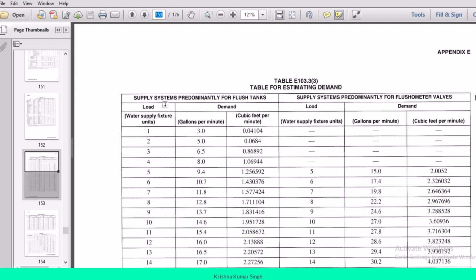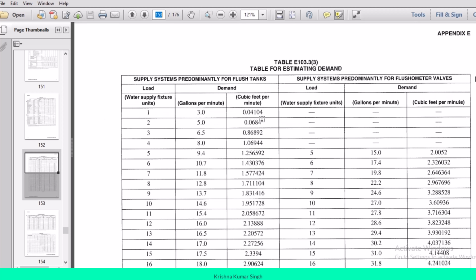Now, the table is divided into two categories of systems: supply system predominantly for flush tanks, and supply system predominantly for flushometer valves. As I already taught you about the difference between flush tanks and flushometer valves, I will get the values from the left hand side of this table. Why?